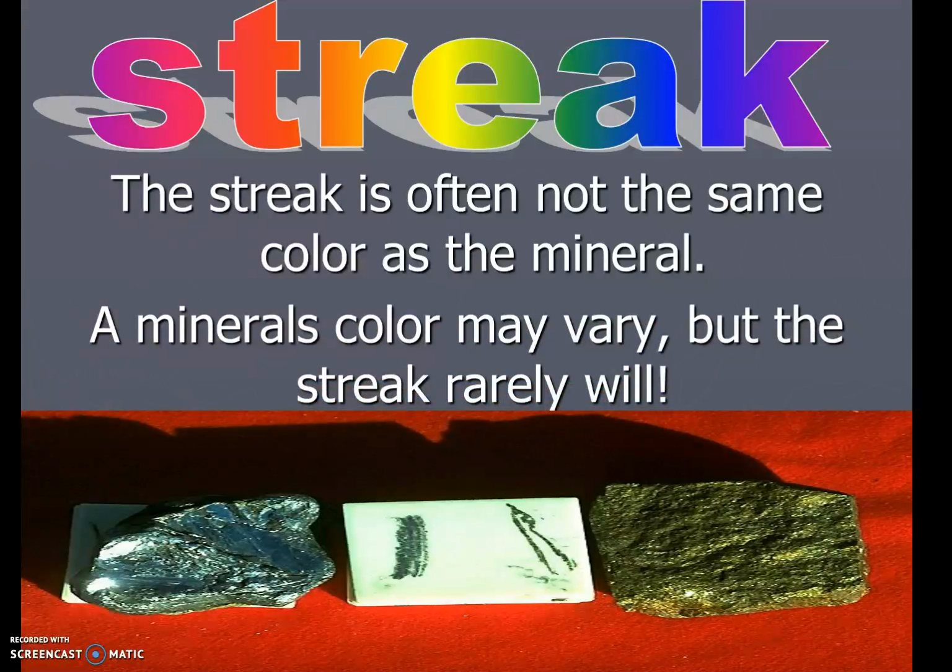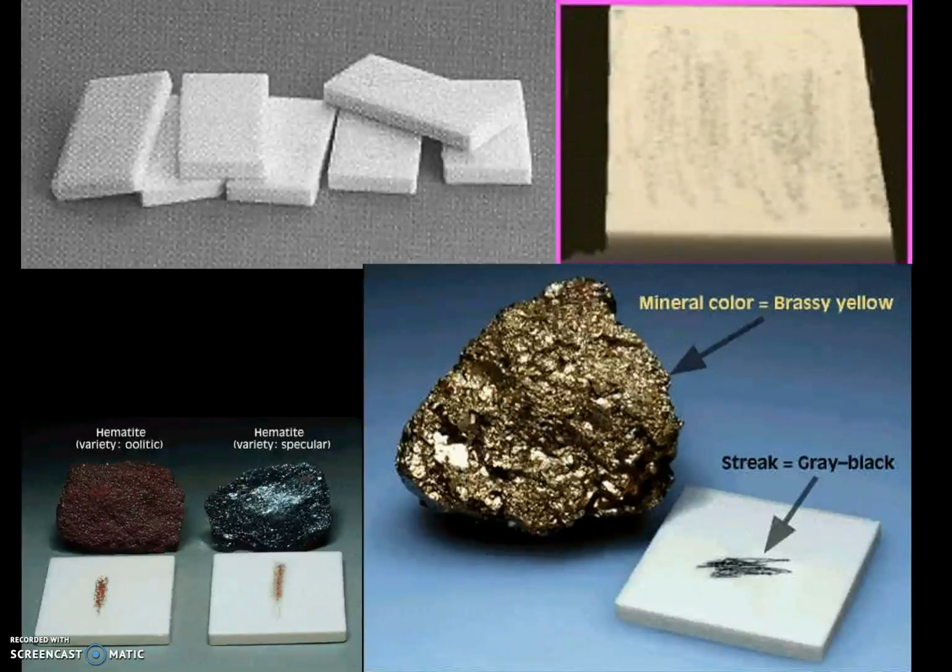As I said, the color of the mineral may vary, but the streak rarely will. Here are some examples. Here's hematite, which looks red, and another variety of hematite, which looks black, and they both have this reddish streak. Here is a brassy yellow mineral, but its streak is a gray-black. So streak is much more reliable than color in identifying minerals.